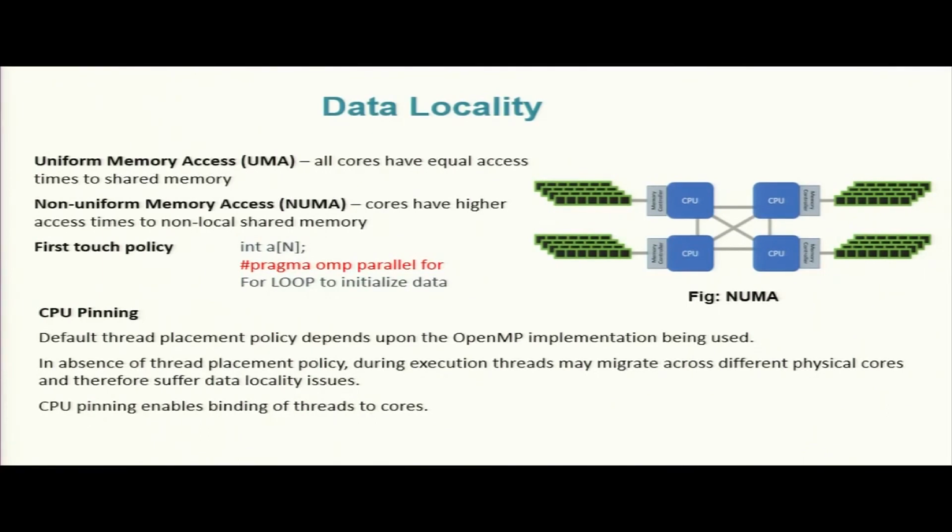This CPU can be multi-core, it can have several cores within it, and again this CPU will have multiple cores and so on. Cores inside this CPU will have faster access to this memory area. If they want to access the memory area of that CPU, they have to go through this controller, so it will come like this, and it will have slower access to that. Similarly, there is a crossbar switch which connects different processors. That means we have different access times for different parts of the memory.